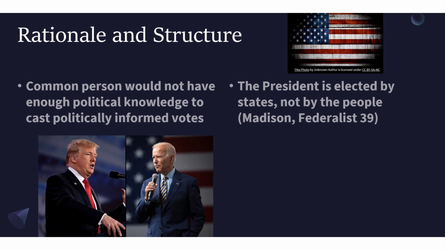The states decide, state by state by state, who is going to manage the executive branch of the national government for a 4-year period. That's one of the chief important explanations that I want to make known to my students.